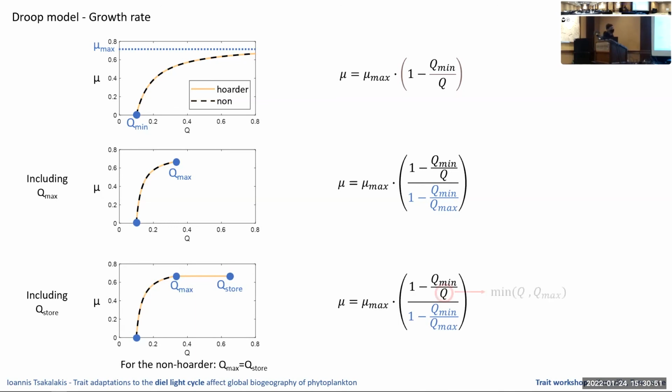We just need to make a restriction, because now the Q can go higher than Qmax. So when this happens, we need a minimum function and say, okay, if Q goes higher than Qmax, take the Qmax in order to have this part of the curve. Otherwise, it would grow even higher than the maximal growth rate of the model, which would be wrong.